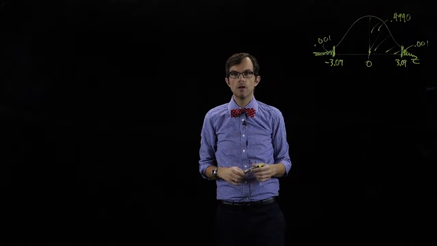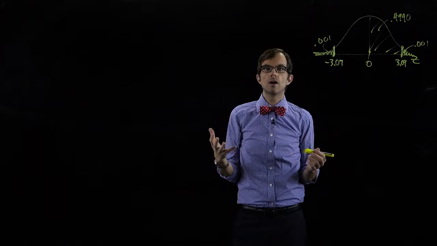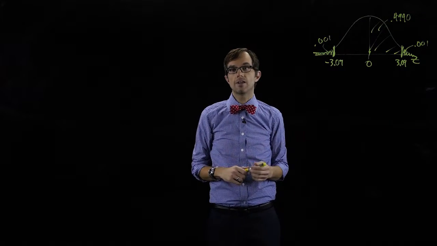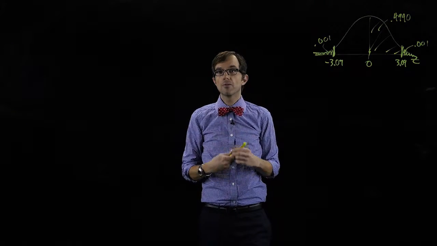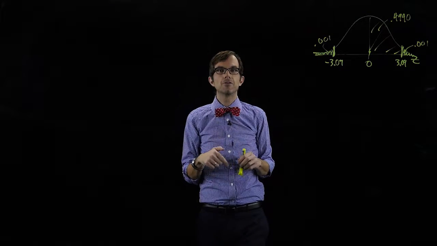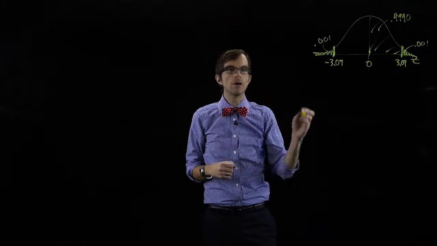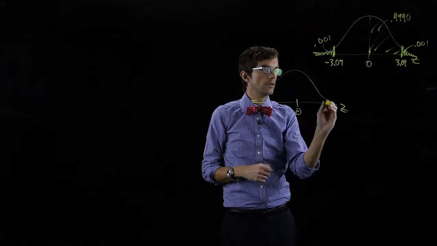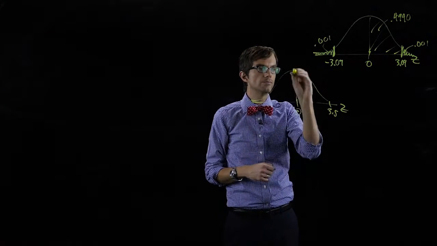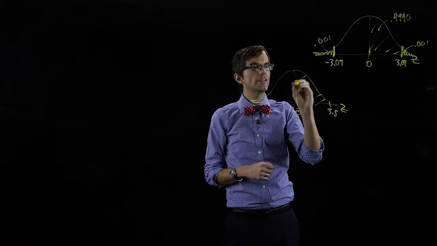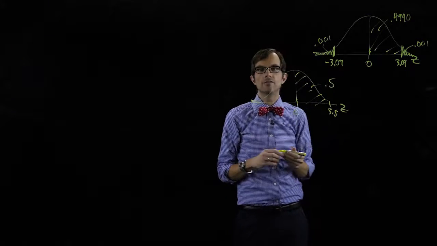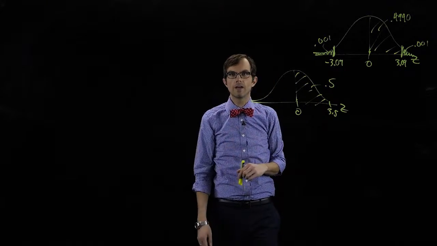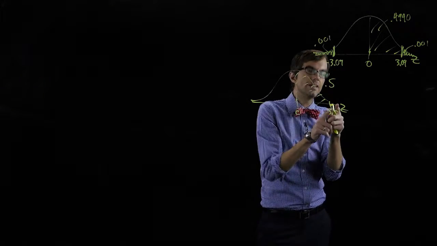But what if we find a value that lies, let's say, 3.5 standard deviations away? For the purposes of this class, we can assume that the probability between 0 and 3.5 on the z-axis, here's 3.5 out here, is 0.5. There's essentially no probability in this tail.